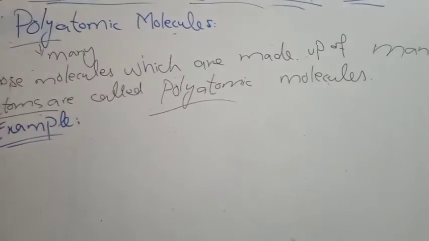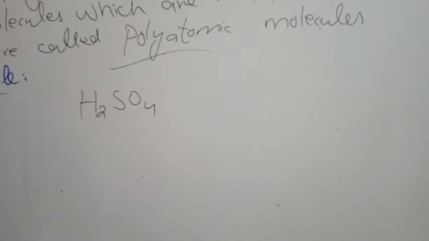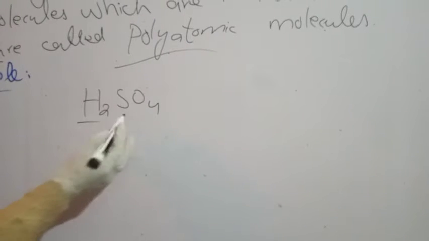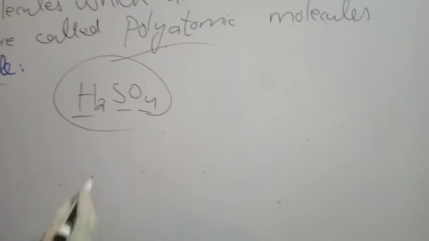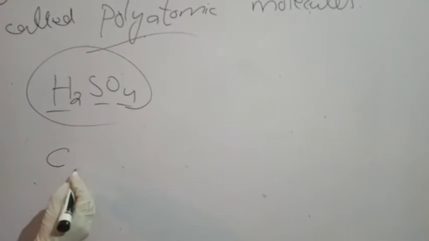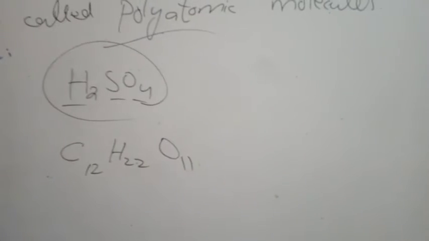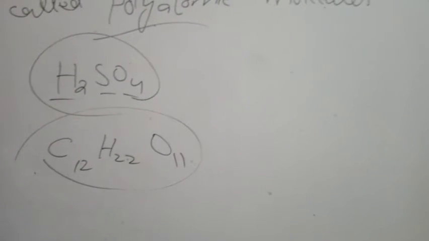For example, sulfuric acid, H2SO4, is a polyatomic molecule because it is made up of many atoms. Sugar is also a polyatomic molecule because it is made up of many atoms.